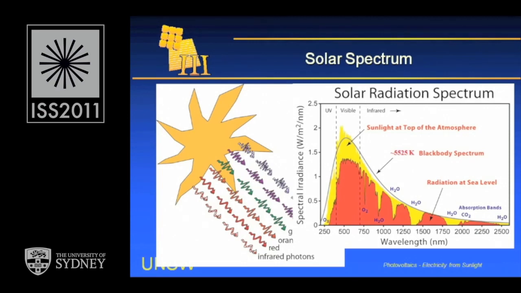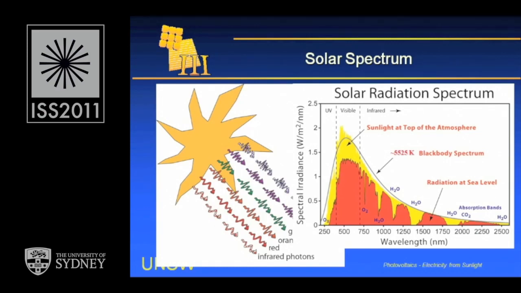The sunlight gets beaten around quite a bit passing through the Earth's atmosphere. As you can see, the yellow curve is what arrives at the outside of the atmosphere, and then the red is what gets through. So there are all these absorption bands due to different gases in the atmosphere. Some are quite favourable, like the ozone absorption, which chops out a lot of the UV radiation that would otherwise be harmful.